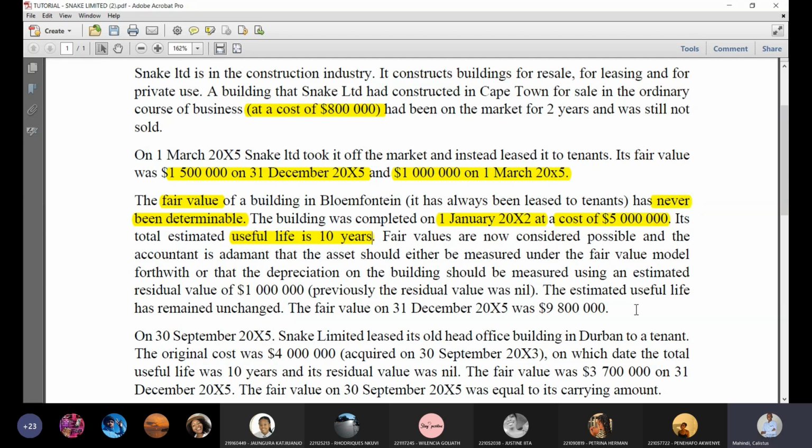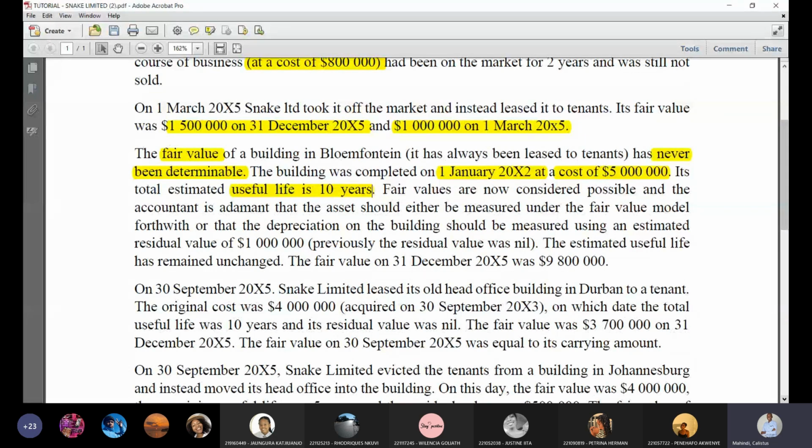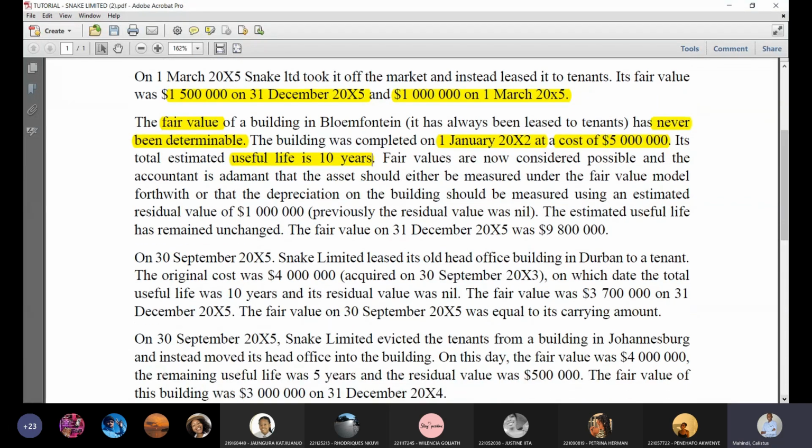I'll not highlight anything else because it's irrelevant, because we will just use the cost price and depreciate it over its useful life of 10 years. You see why it's very important for you to understand the theory, so that when you come to a question, you can easily apply it.